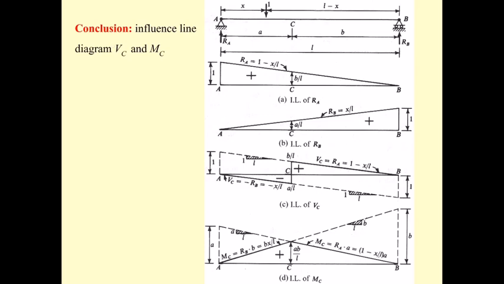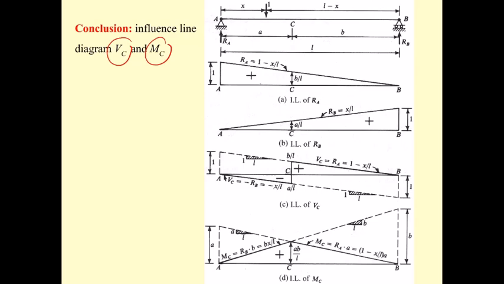Okay, we now recover from this. Let me try to focus on what we have here. This is the end of the example where we determined the function of R sub A, the reaction at A, R sub B, the reaction at B, V sub C, the shear force at C, and M sub C, the moment at C. And then we arrive at this.